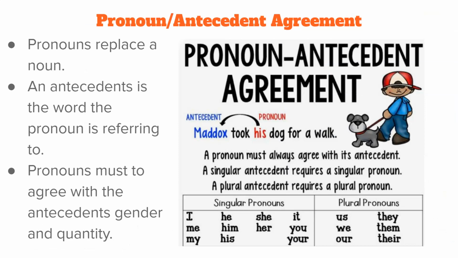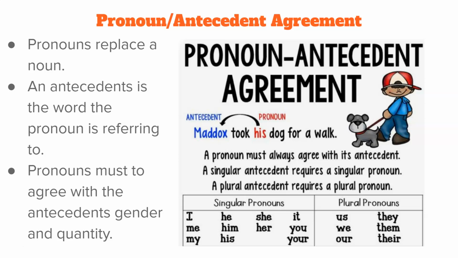The next grammar strategy is pronoun antecedent agreement. This is something that you will hear ELLs struggle with a lot. A pronoun is a word that replaces a noun, and an antecedent is the word that the pronoun is referring to. Pronouns must agree with the antecedents in gender and quantity.